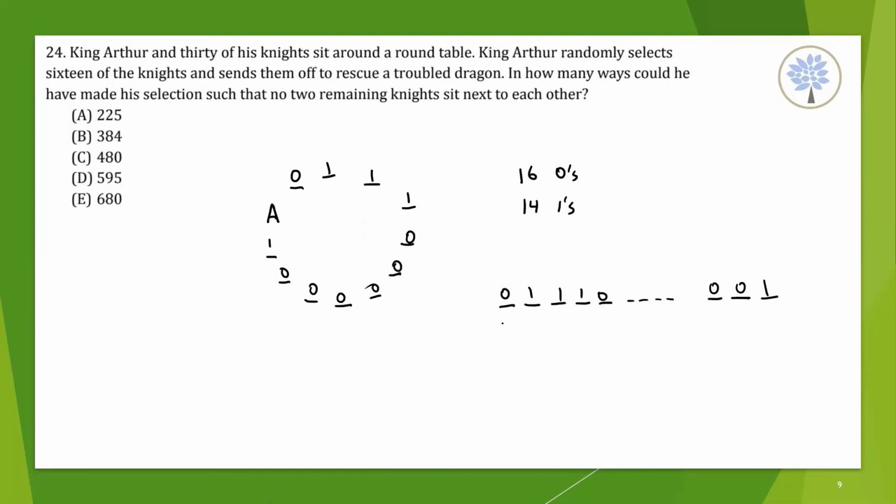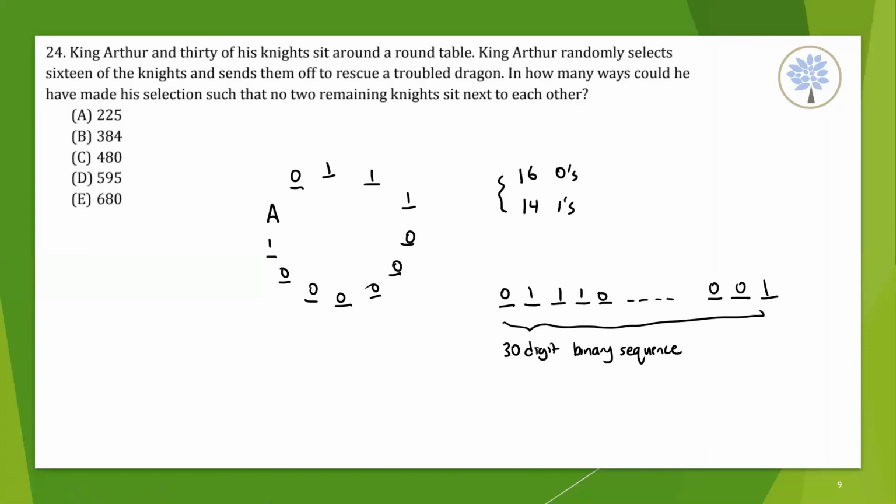So now we have a 30-digit binary sequence of which 16 are zeros and 14 are ones. And we want to make this selection so that no two remaining knights sit next to each other.